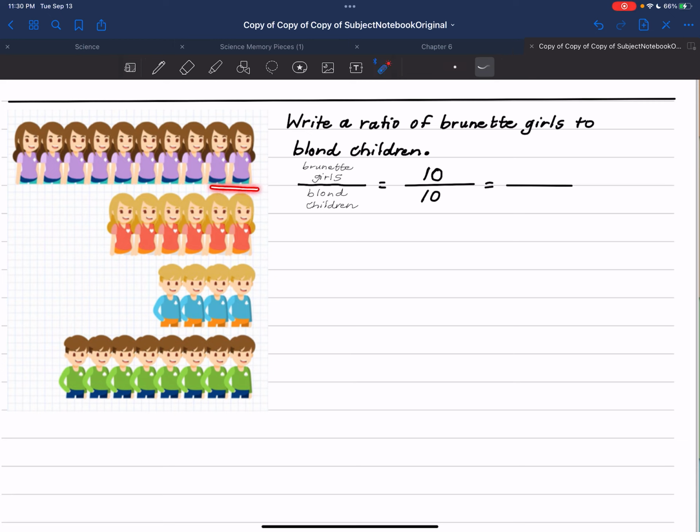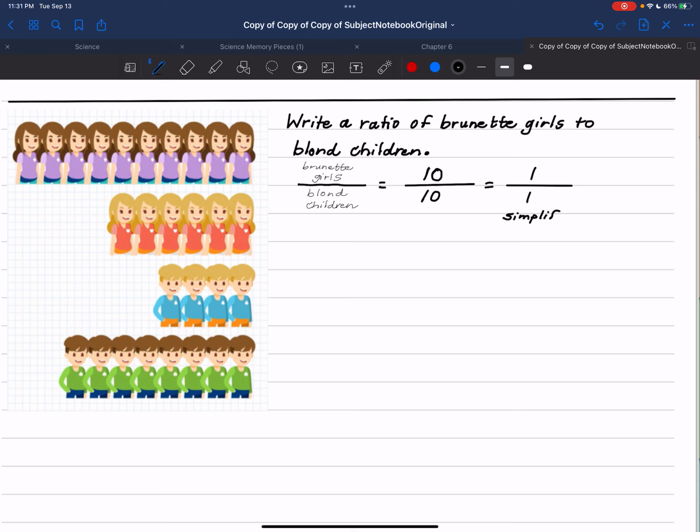It's going to include any child with blonde hair. So the ratio of brunette girls to blonde children is 10 to 10. And this can be simplified because if I divide the top and the bottom by 10, I will get a simplified ratio of 1 to 1.